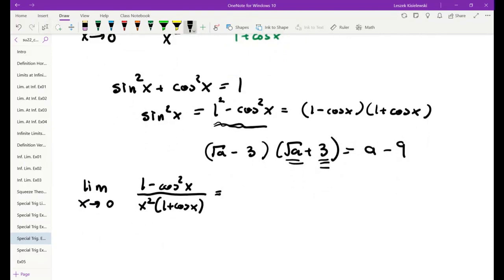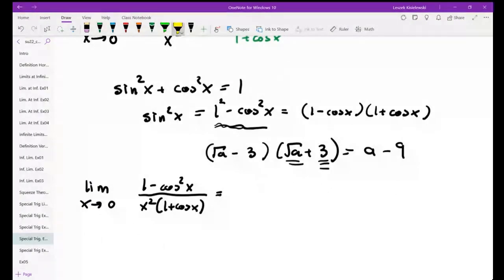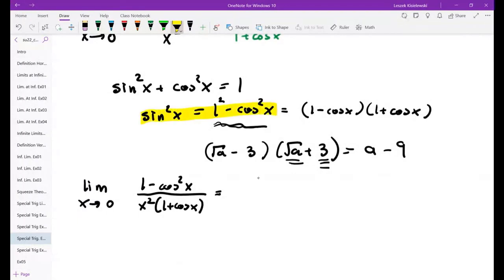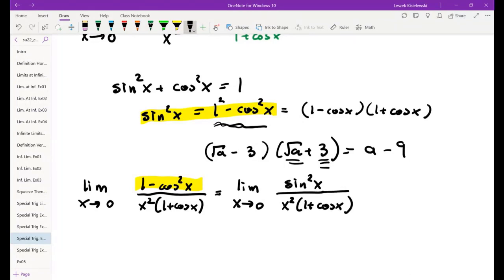But then that allows you to use the Pythagorean trig identity here on top. 1 minus cosine squared is sine squared.